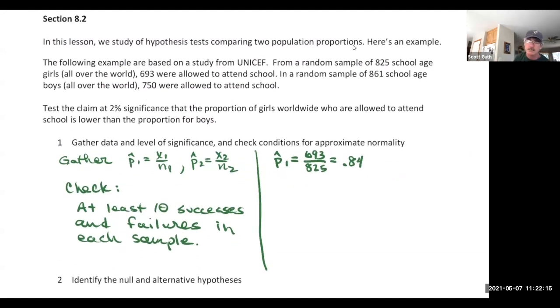It seems like the world's gotten crazier, but p hat 2 for the boys: 750 out of 861. So what percentage of boys are going to school? And rounding this, I got 87%, 0.871.